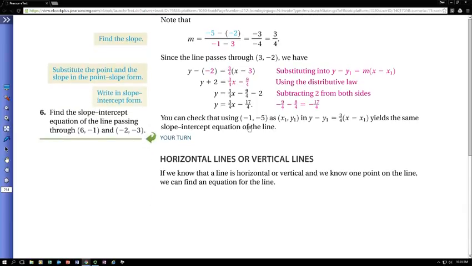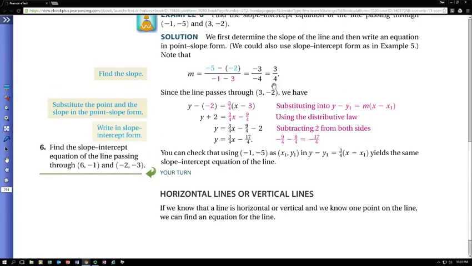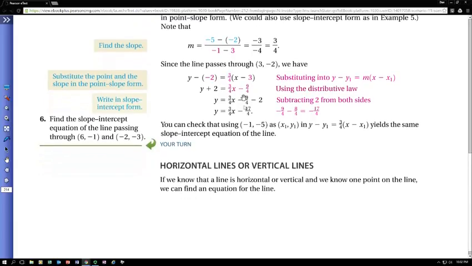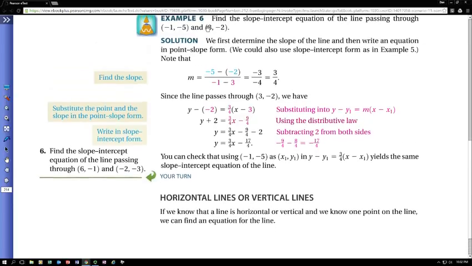Notice they bring up this checking thing. There's a lot of math going on, a lot of steps, and a lot of chances for error, because we've got a few things to do in one problem. It is a very good idea to check this thing. Now notice they use 3, 2 to make the equation, and they try the other point. Here's my resulting equation. Would this point still be a solution to that?